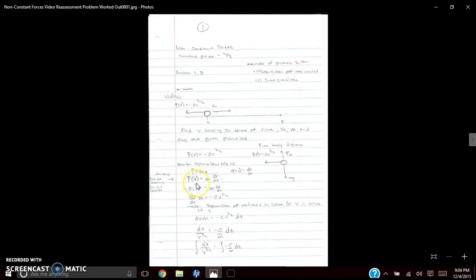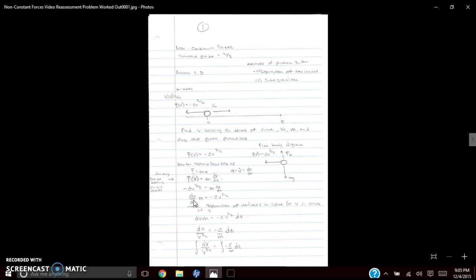As the problem discussed, the only force the object is subject to is the drag force, negative c v to the 3/2 power. So I replace F of v by negative c v to the 3/2, and on the other side I have mass times acceleration.